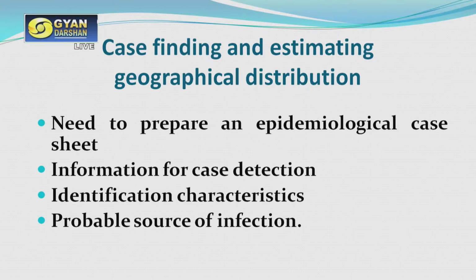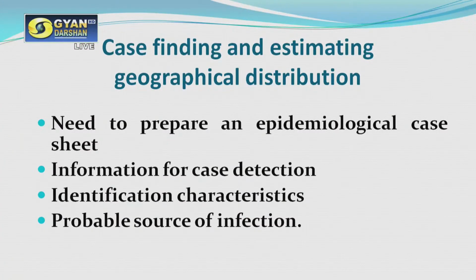You need to identify the cases and prepare an epidemiological case sheet. Information for case detection has to be taken from the patients, and data can also be collected through a house to house survey. Identify the characteristics of the patient as well as the probable source of infection, from where the infection might have happened.